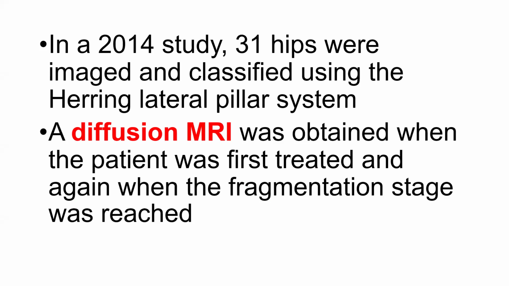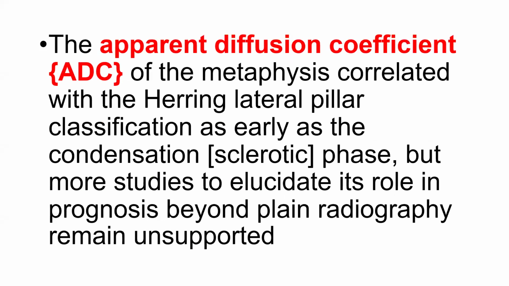The apparent diffusion coefficient of the metaphysis correlated with the Herring lateral pillar classification as early as the condensation sclerotic phase, but more studies to elucidate its role in prognosis beyond plain radiograph remains unsupported. So enough for diffusion MRI.